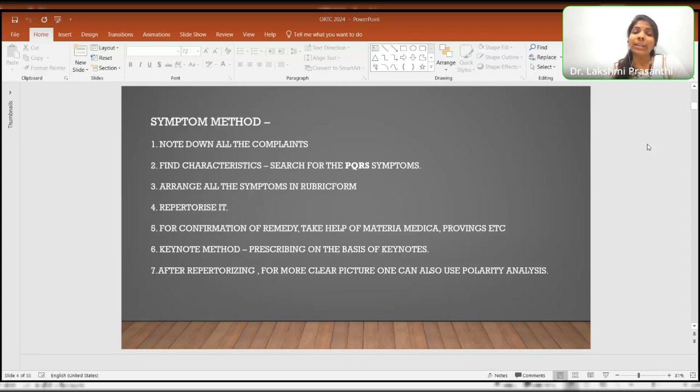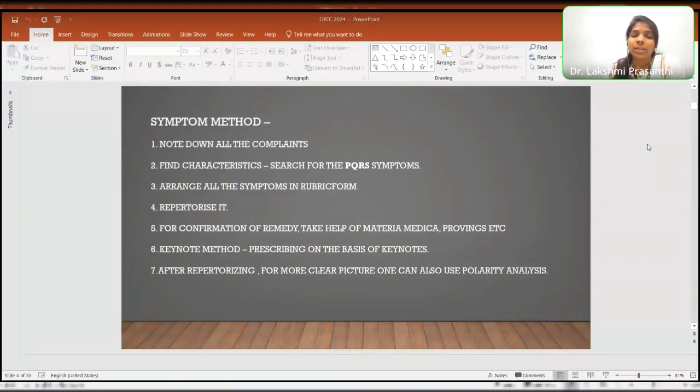For a lot of mental or physical generals or particulars, you can go for Kent repertory, which is the best repertory. If you have a lot of pathological generals, you can go for the Boger Boenninghausen characteristics repertory. And for regional diseases or regional conditions, you can go for specific repertories like Minton's uterus, Berridge eye, or Bell's diarrhea.